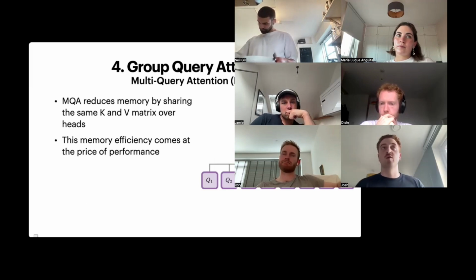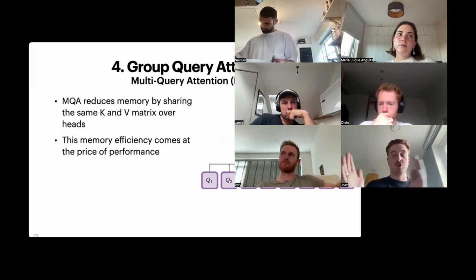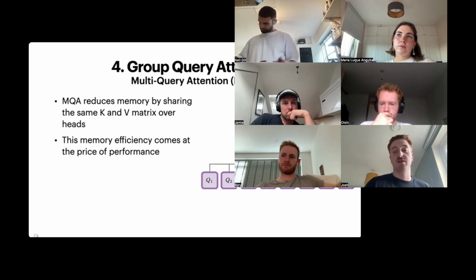You can just do some pooling to reduce it, but in the paper they really specify that you should do some fine-tuning to tweak the model and get it back into a good state where it's used to using that number of heads.